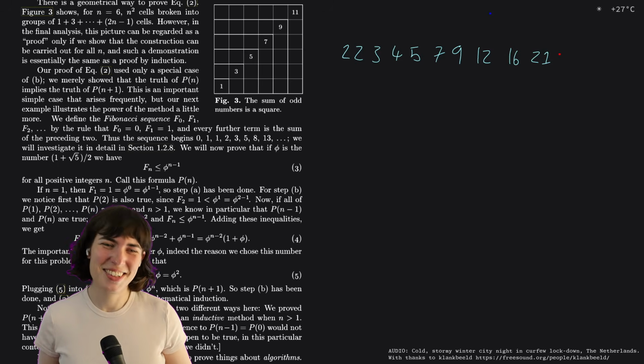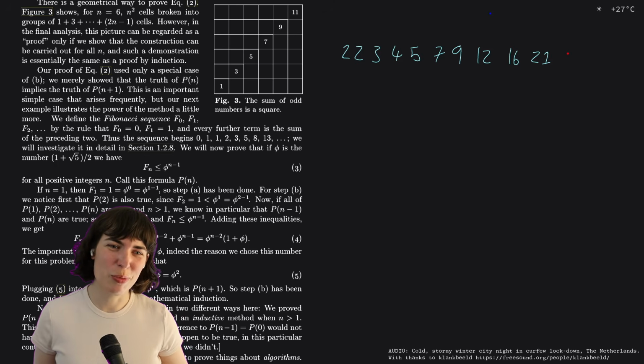It's not looking very charming for computing purposes, but maybe it seems to pan out. 12 plus 16, that's 28.